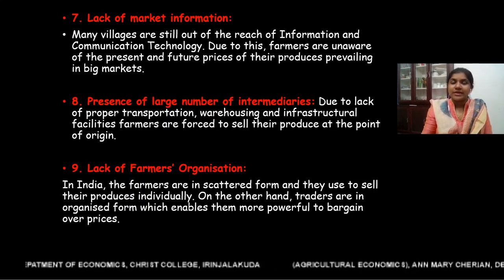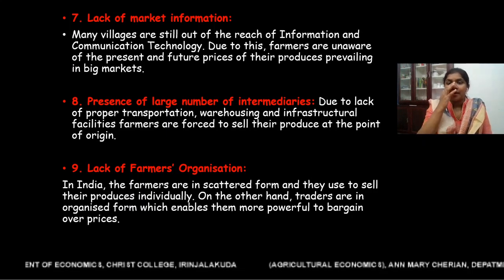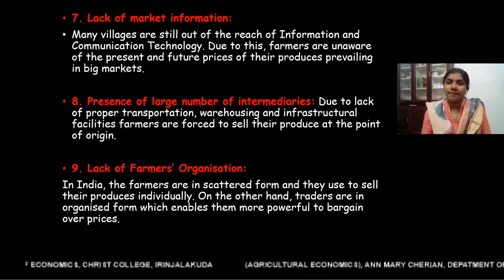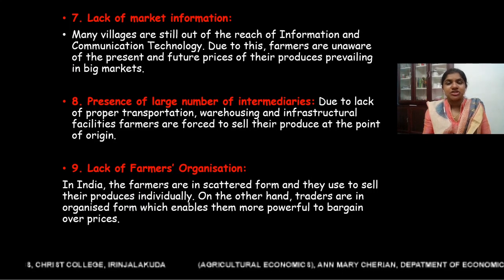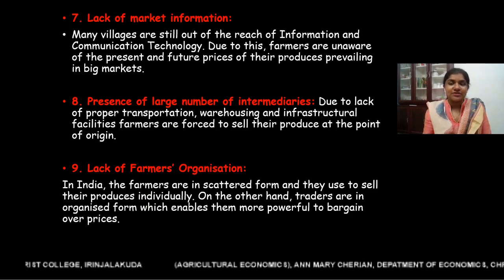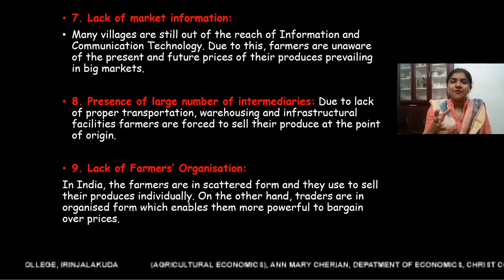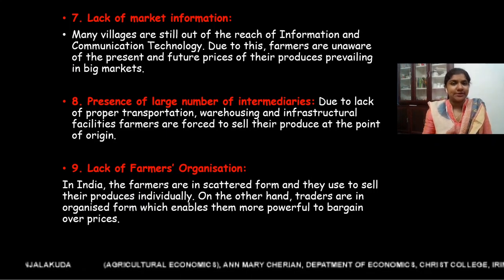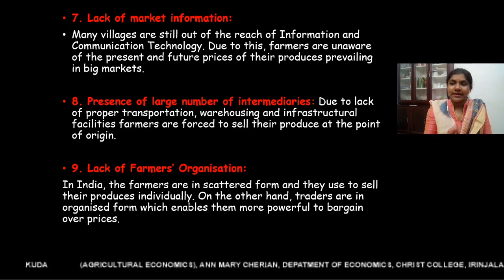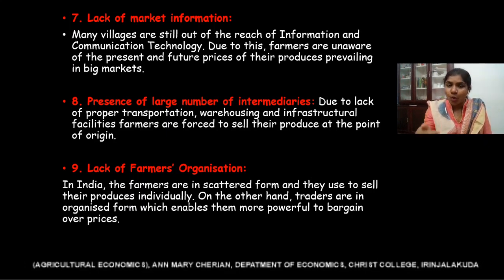Now let us move on to the next problem, presence of large number of intermediaries. Due to lack of proper transportation, communication, and infrastructural facilities, farmers are forced to sell their products immediately after harvest to intermediaries. So intermediaries are buying from farmers at the point of origin.